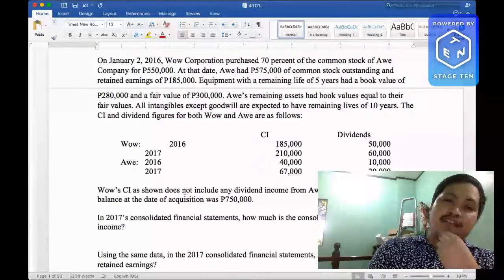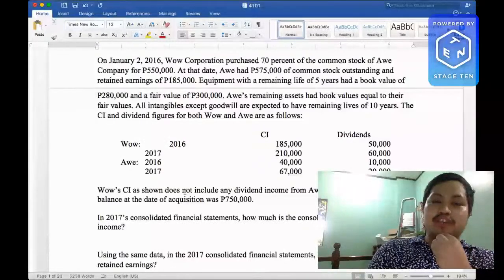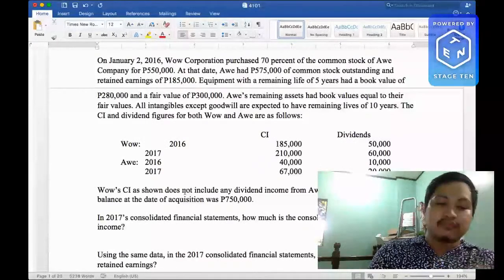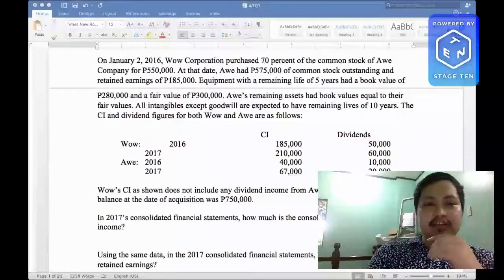Now, if we ask the consolidated entity, how much should be the depreciation expense on this? How much should be the depreciation expense in this equipment?